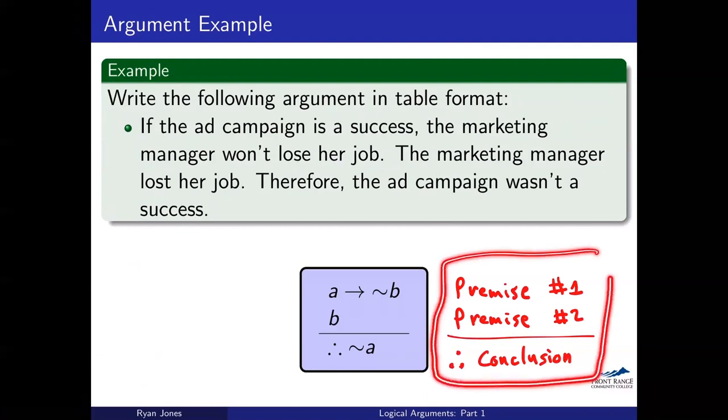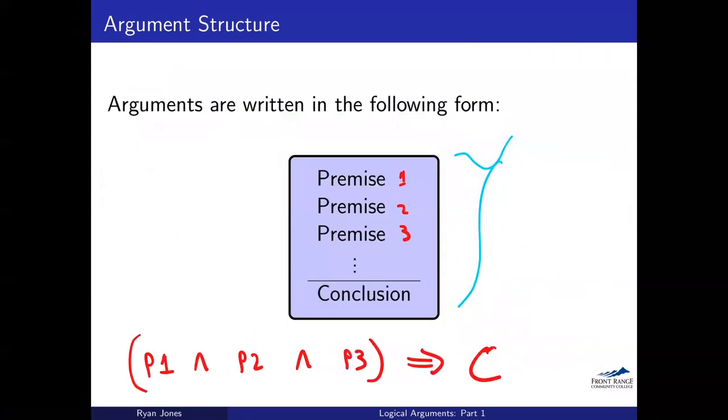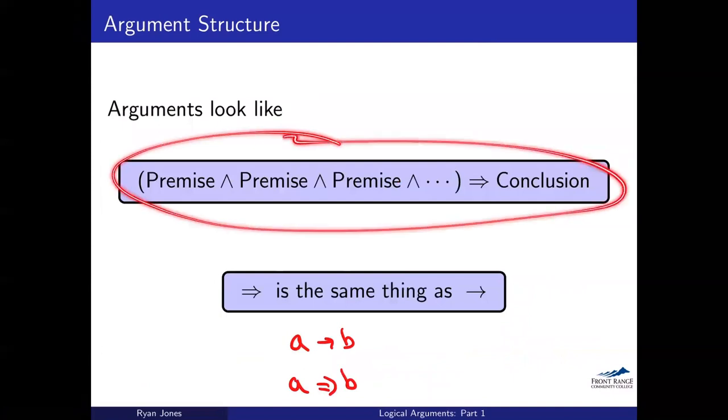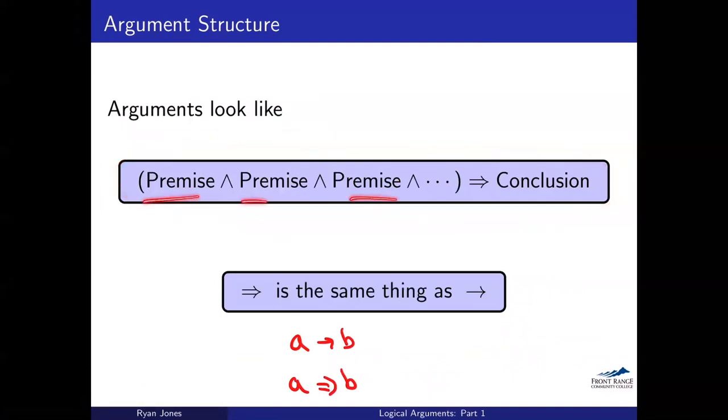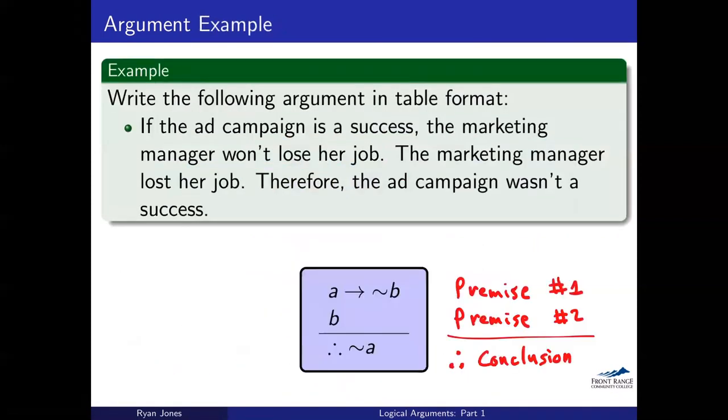Remember, when we have this table format, this is just a concise way of writing the full written out compound statement here, where I take all my premises, I put them together with ands, and then I do that whole thing in an if then with the conclusion, okay? So we'll keep that in the back of our heads.